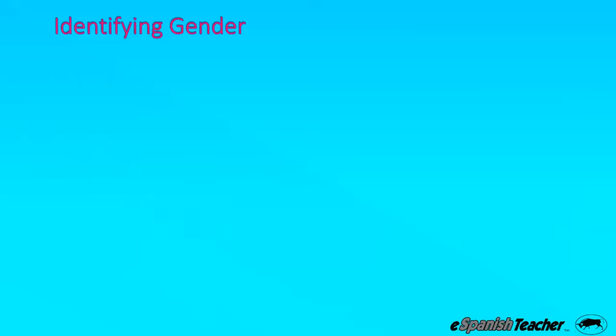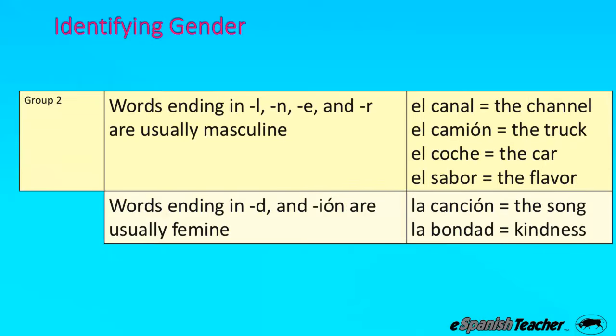This second bucket, however, is also very important. It's a smaller subset of nouns, but it's an important subset to understand. So sometimes nouns ending in L, N, E, and R are masculine. Here are some examples. El canal, el camión, el coche, and el sabor. All right, so these are examples of nouns that end in L, N, E, and R, and which are masculine.